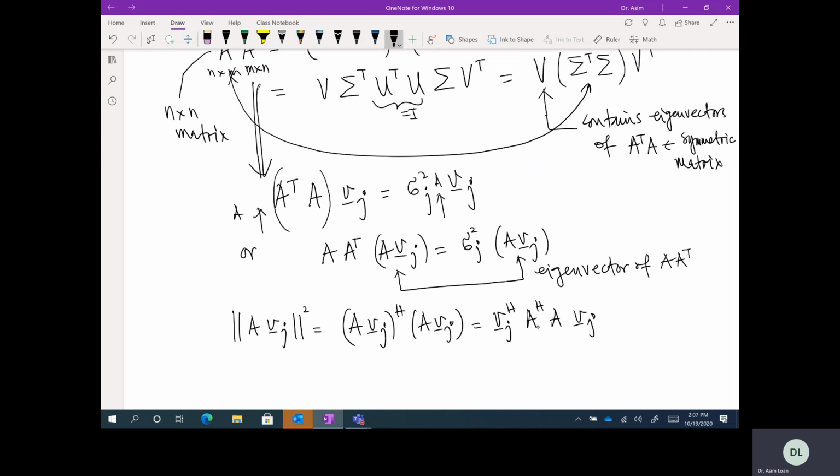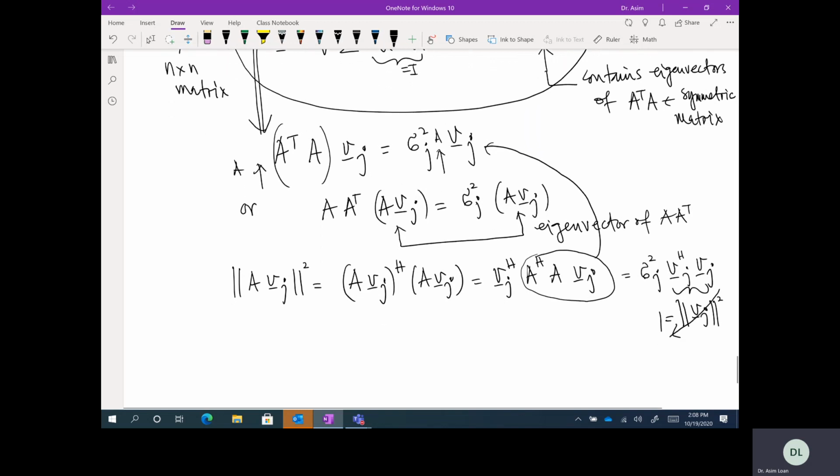But A Hermitian AVJ is simply sigma squared J VJ. So this is sigma squared J times VJ Hermitian times VJ. This, by the way, is simply the norm squared of VJ, and this is equal to 1.